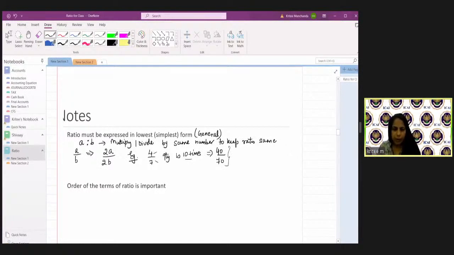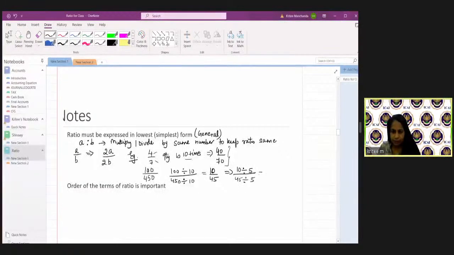Even if it is required to divide the numbers, say 100 upon 450, for dividing also you will use the same number in the numerator as well as in the denominator. So this becomes 10 is to 45, or again I can divide it further by 5, by 5.